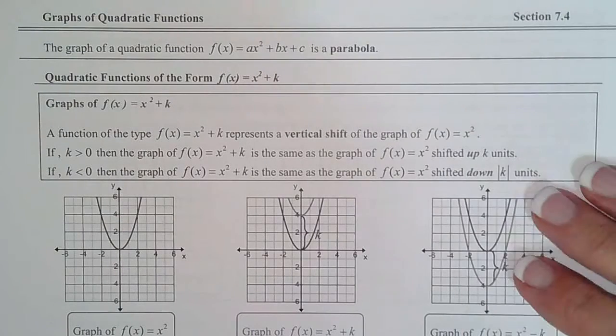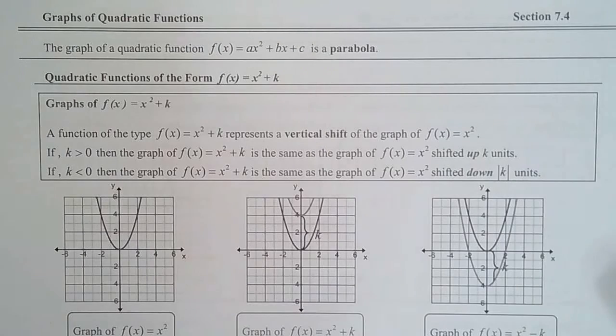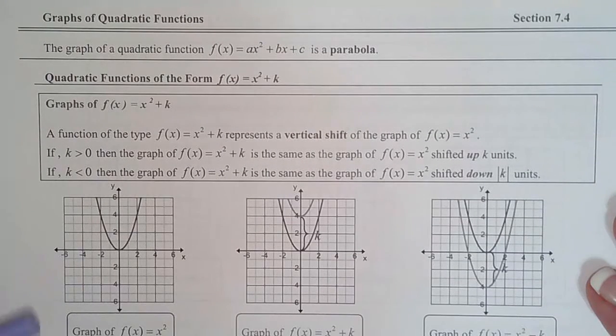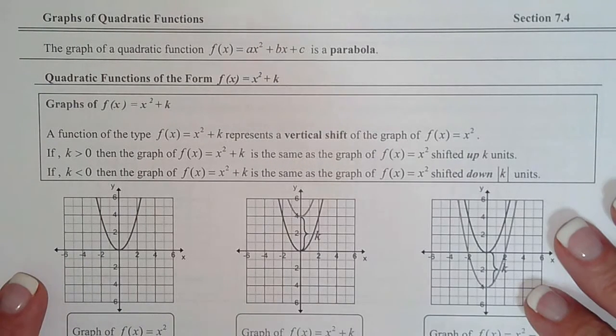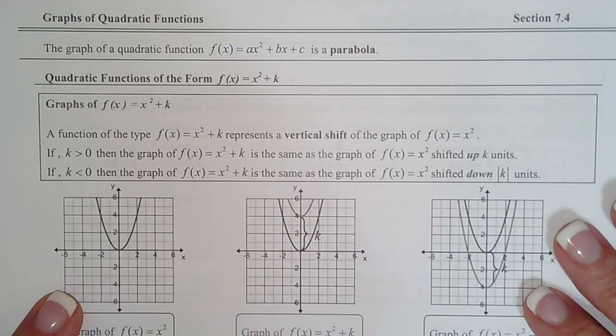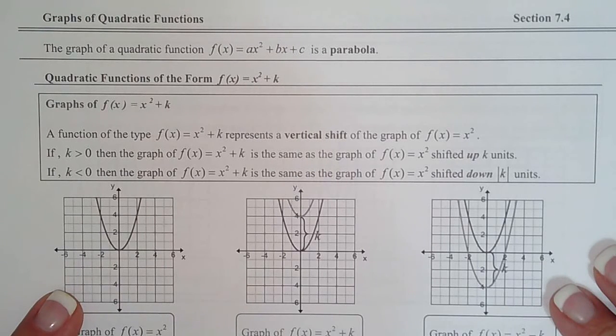7.4. It's kind of a long section, but there's a lot of graphs on it, so it's 6 pages long, but it's not going to take as long because of the graphs. We learned how to find the x and y intercepts in 7.2.